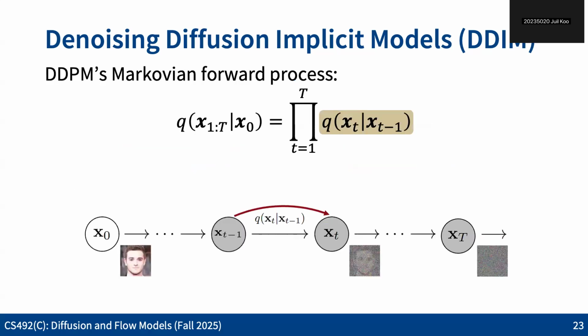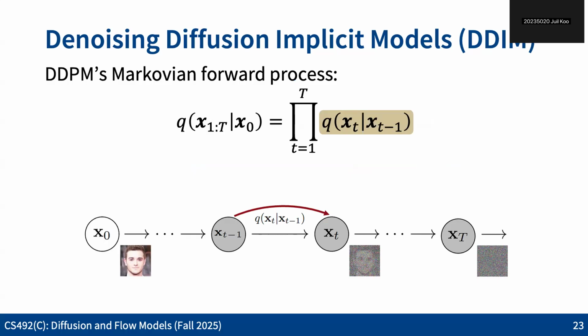So this would become like this. For any of the intermediate latent variables, if we wanted xt, previously in the DDPM what we needed to do was sample iteratively, right? From the x0, you go to the x1, x2, x3, and all the way to the xt. That's what we did last time.